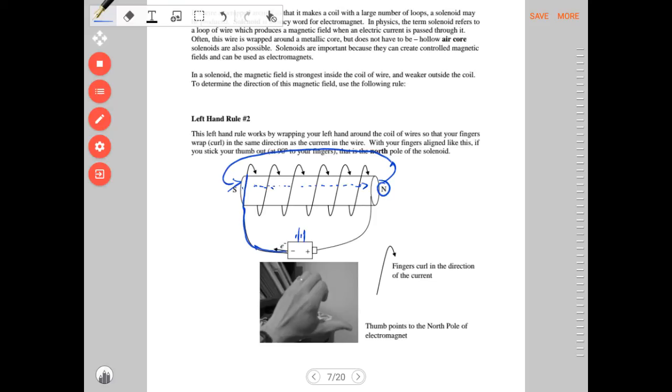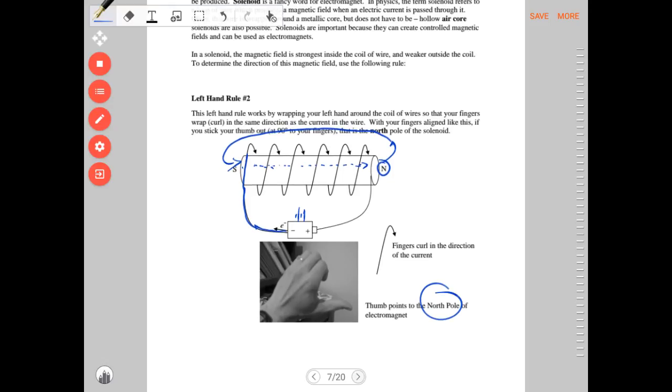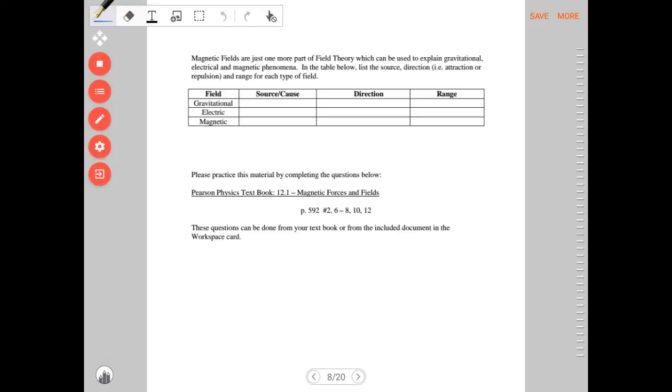Outside the coil, it behaves just like a normal magnet. Either way, you get something set up like that. So you can see my picture of my hand there. Your fingers wrap around, your thumb points to the north pole of the electromagnet. Wow, crazy.